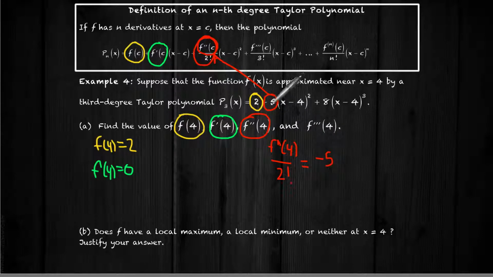Hopefully that makes sense. The negative 5 is the number in front of (x minus 4) squared. And the part that is in front of (x minus c) squared includes f double prime of c over 2 factorial. But they're only asking you for f double prime of 4. So 2 factorial is 2. Multiply both sides by that, and you get f double prime of 4 is negative 10.